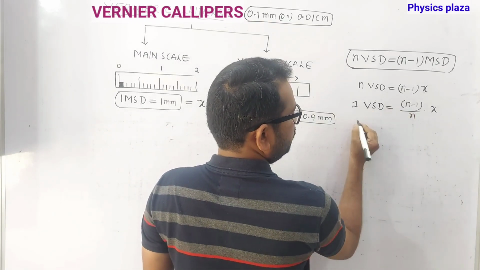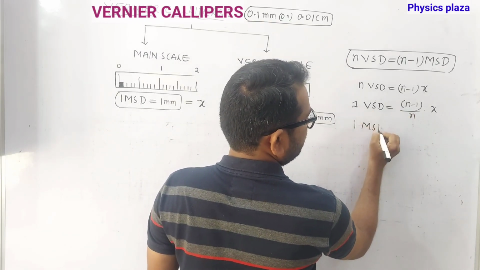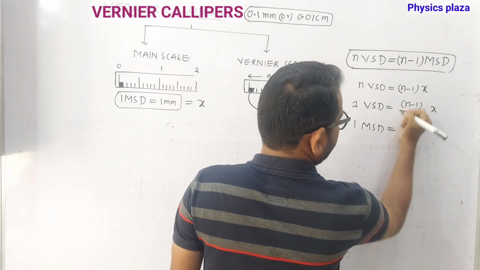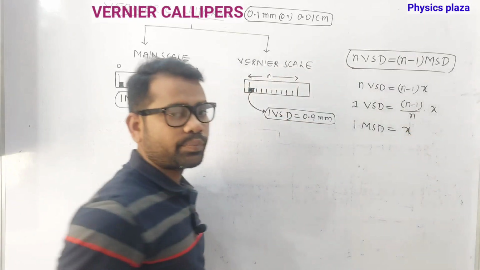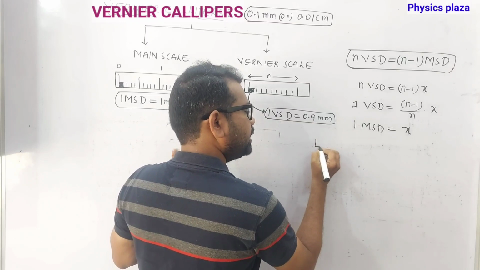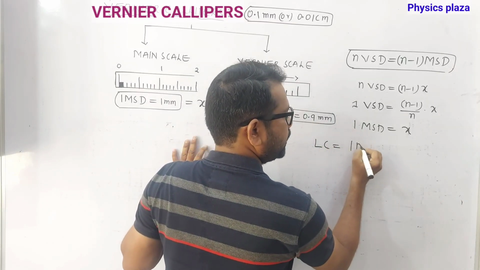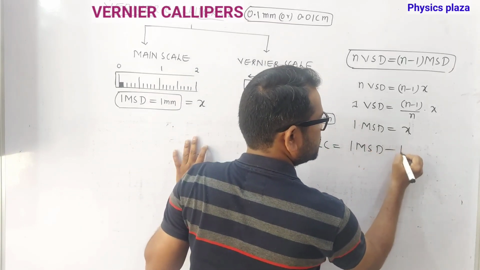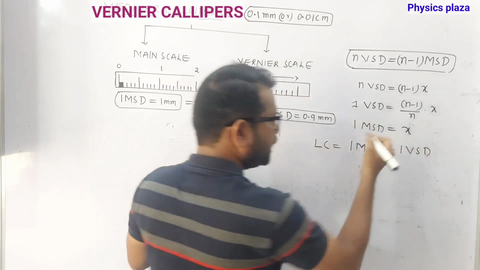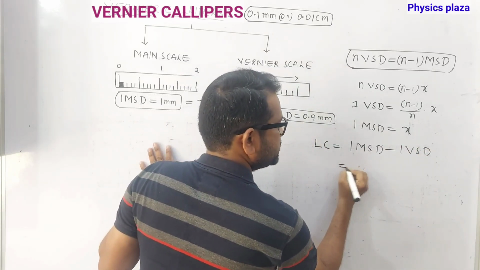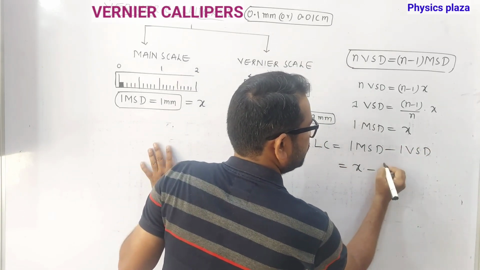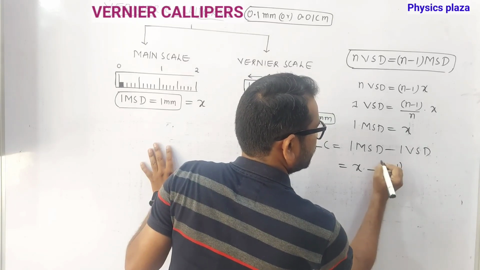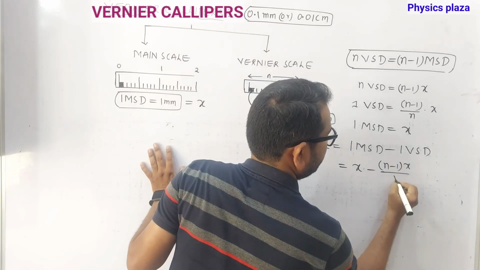So 1 VSD value we have, and 1 MSD we assumed as x. But how to calculate the least count, children? Least count is equal to 1 MSD minus 1 VSD. Let us substitute this. 1 MSD is x, 1 VSD is n minus 1 into x by n.